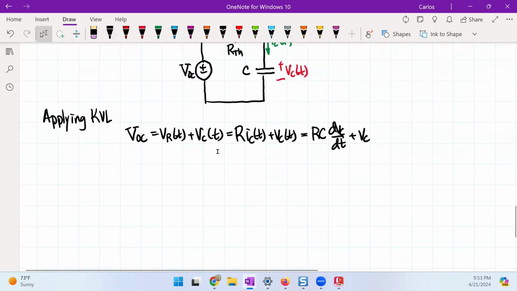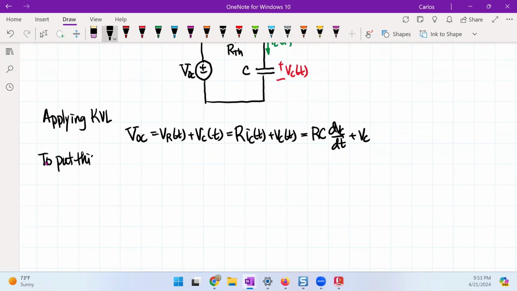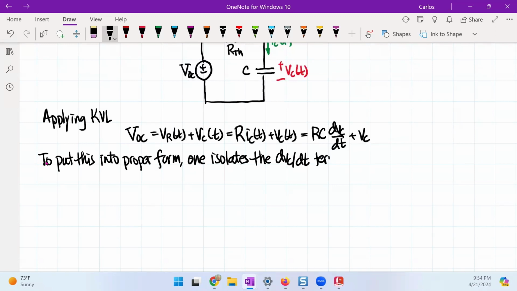So this is not a nice equation yet, so we want to put this into proper form. To put this into proper form, we're going to isolate the dVc/dt term.